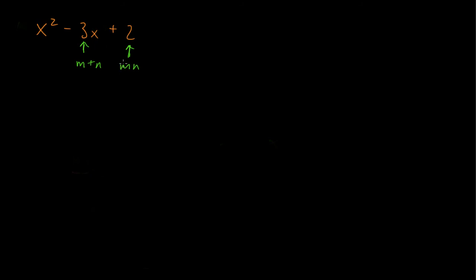Since they multiply to a positive, they need to both either be positive or both negative. So they need to have the same sign. And since they add to a negative, that means they have to both be negatives, because two positives wouldn't ever add to negative 3. So they're the same sign and they're negative.